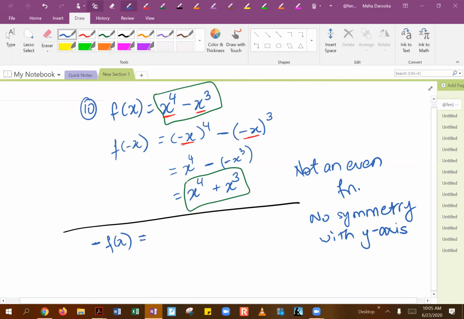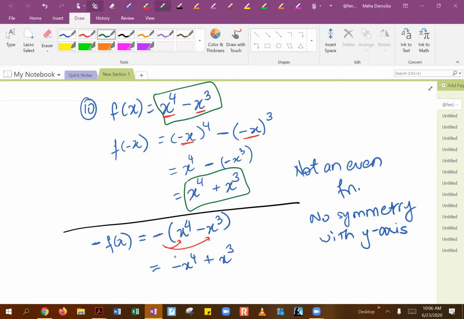We'll need to distribute this negative sign inside the parentheses and see what happens. So we will end up getting negative x to the fourth, and negative times negative makes it positive x to the third.